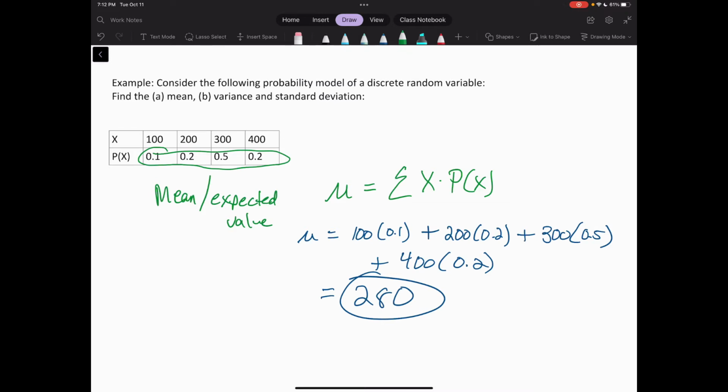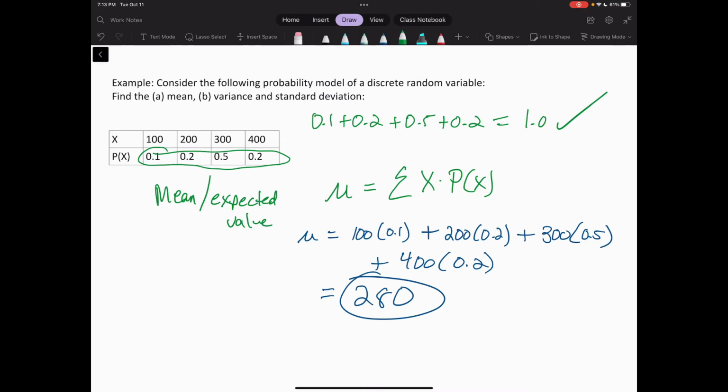If we take 0.1 plus 0.2 plus 0.5 plus 0.2, 0.1 plus 0.2 is 0.3, plus 0.5 is 0.8, plus 0.2 is 1.0. So it meets all the conditions necessary for a probability model. I just wanted to mention that before going on to the next part.